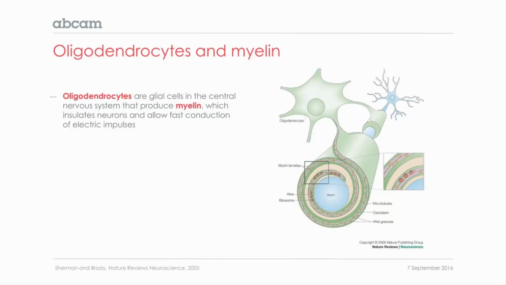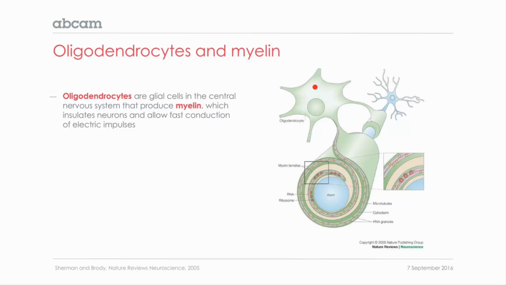So oligodendrocytes are a glial cell type in the central nervous system that produces myelin, which is this insulating membrane that insulates the axons of neurons and then allows the fast transmission of electrical impulses within the central nervous system.